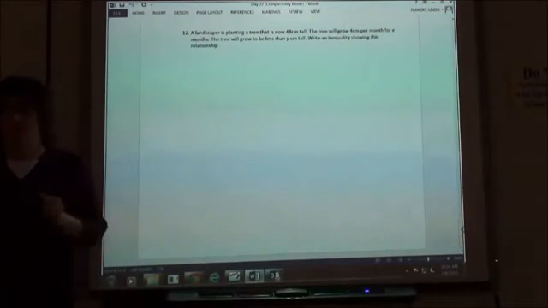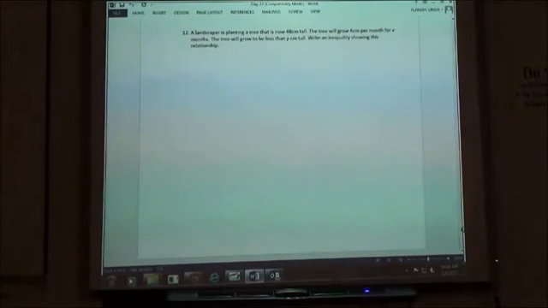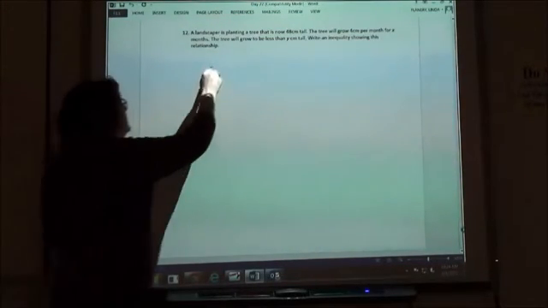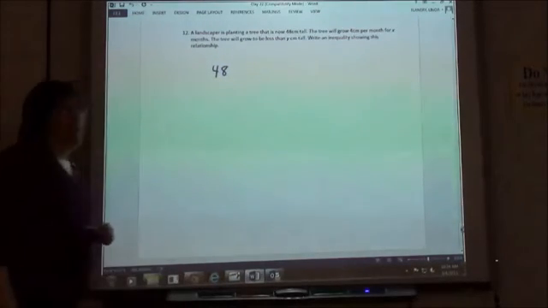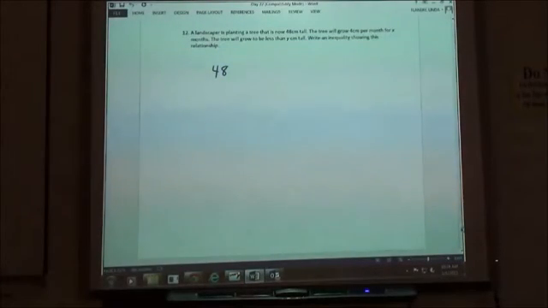So, my tree started out at 48 centimeters. It is now going to grow. So if it's going to grow, what am I going to do? Add to the tree.